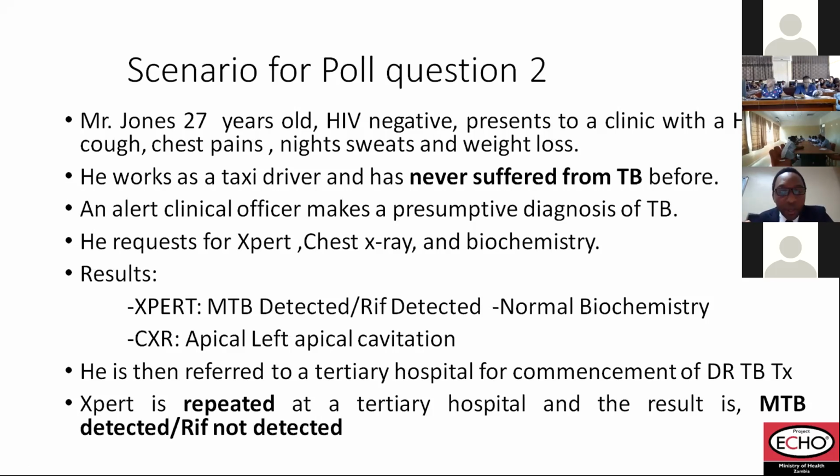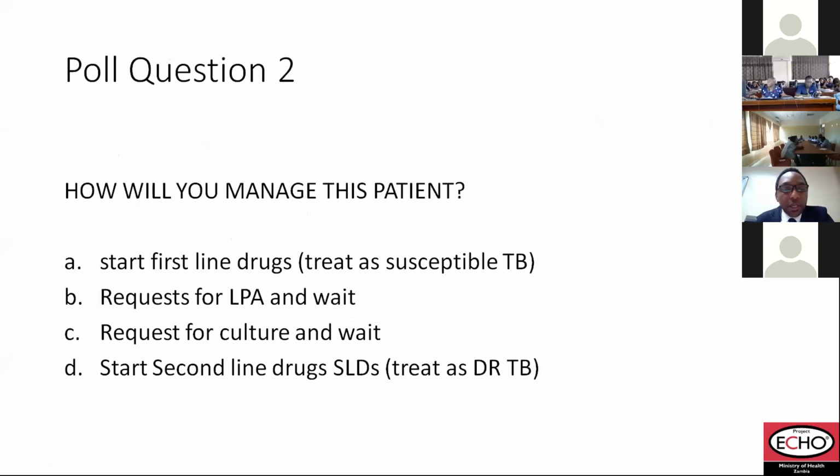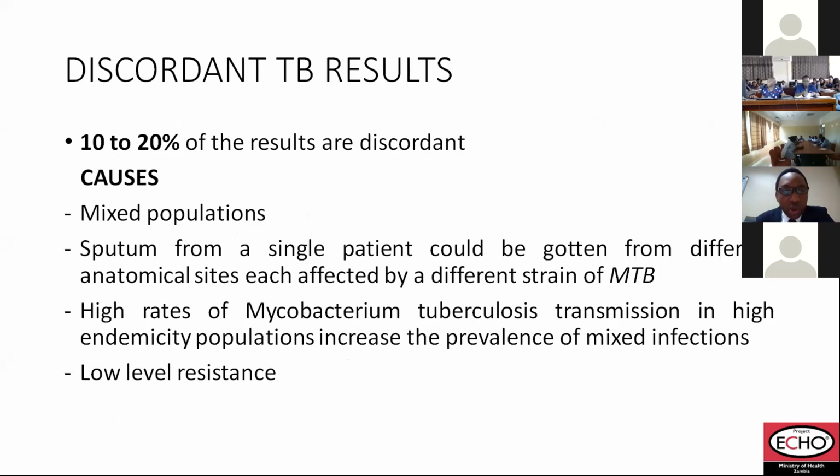So it so happens that the pocket of the lung where this specimen came from the second time is a pocket where the patient has TB, but it is rifampicin sensitive. So you are going to treat this patient with the second-line drugs.